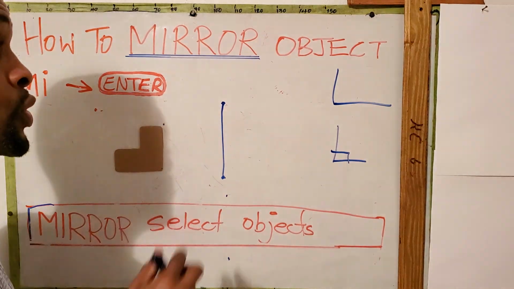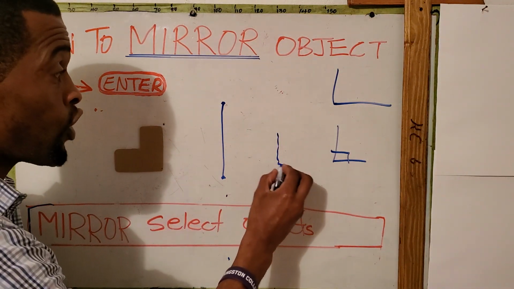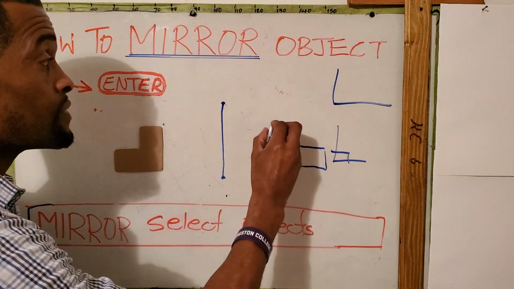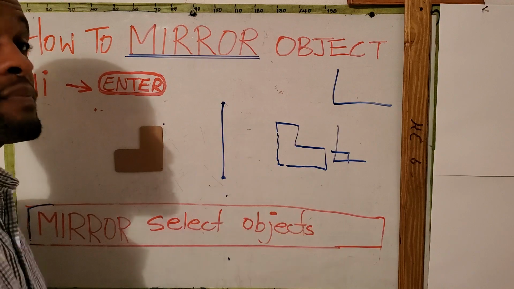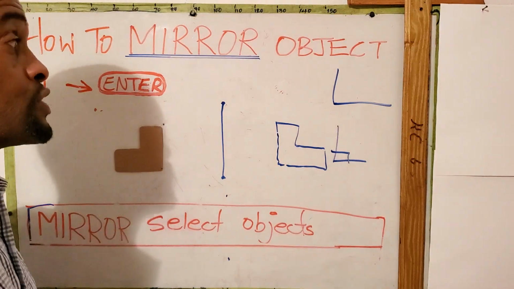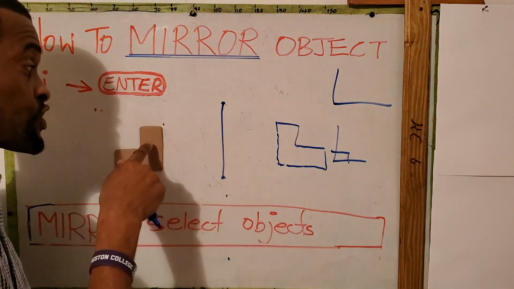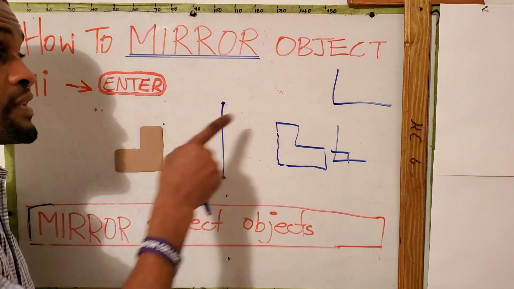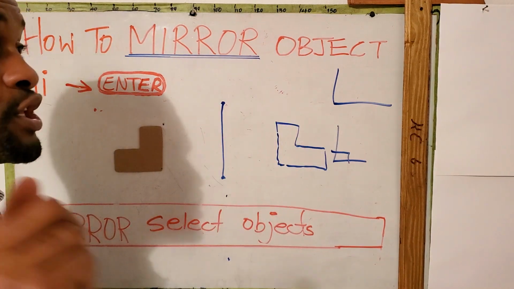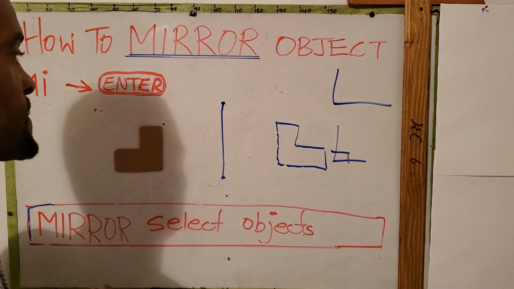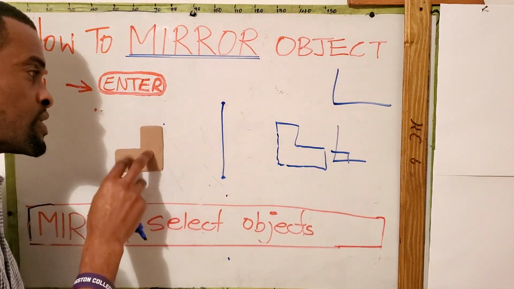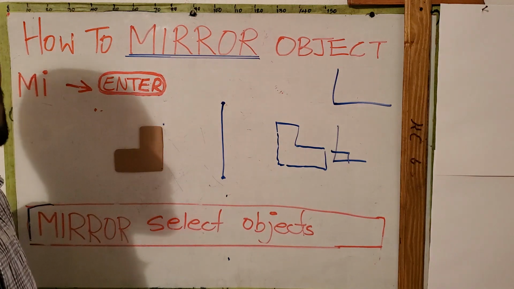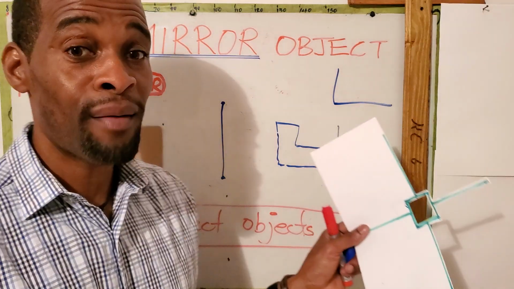At this point, you will see the object start to form on this side. Now, once you left click, it will ask you, should I erase the source object? Yes or no. If you do not specify by pressing the enter key, this will disappear and that will stay. And you'll be there wondering, what is the problem?